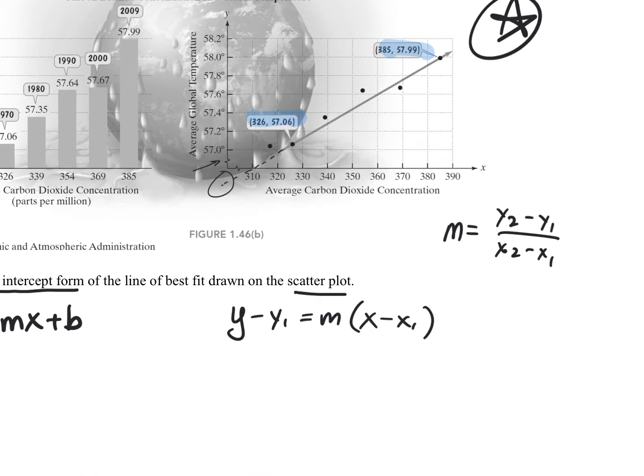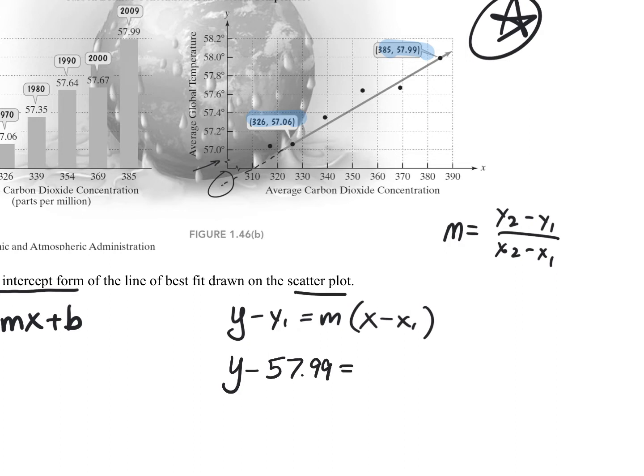I really do think that it's going to be helpful for us in the future. So I can pick either point I like. So I'm going to pick the first, the higher of the 2 points. So I'm going to say y minus 57.99 equals our slope.